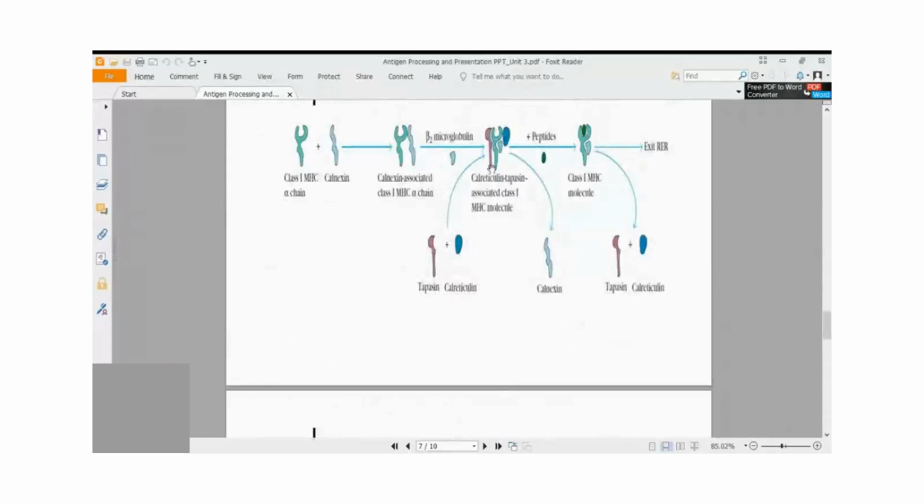See here, tapasin and calreticulin have come and bound to the fully formed class 1 MHC molecule. By then, calnexin has finished its work. It has left. So what are these molecules? Tapasin, calreticulin, and calnexin are called molecular chaperones, meaning they are protectors and helpers of the class 1 MHC.